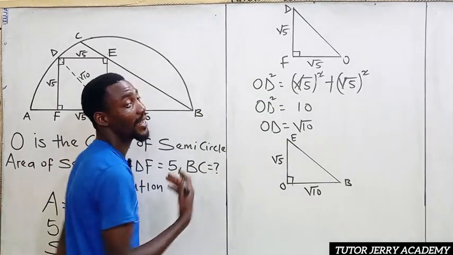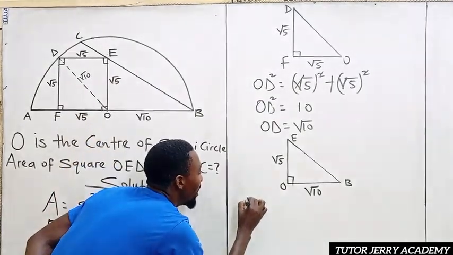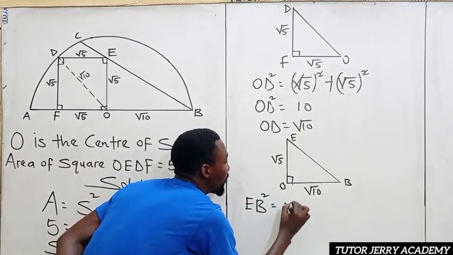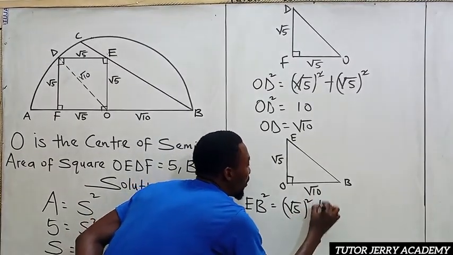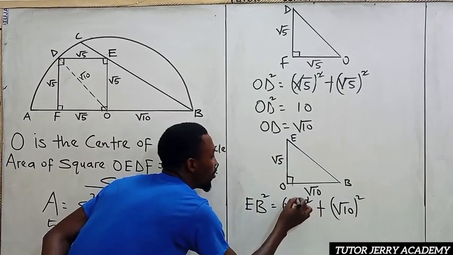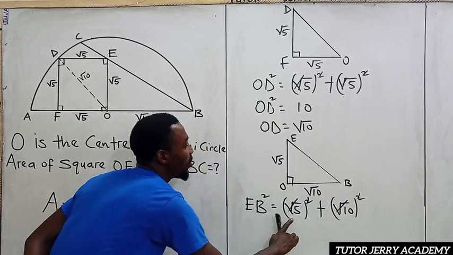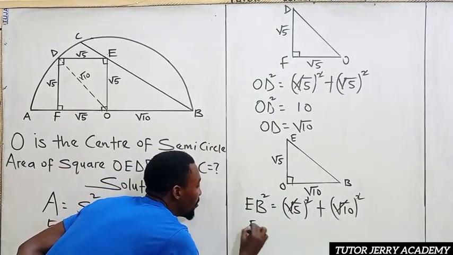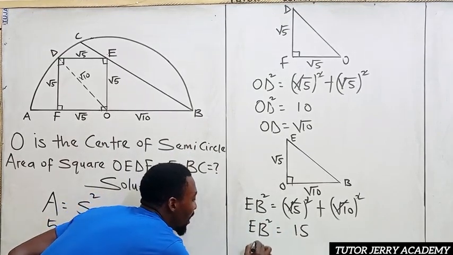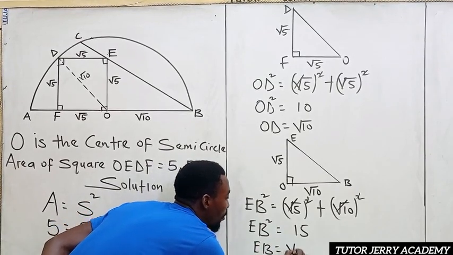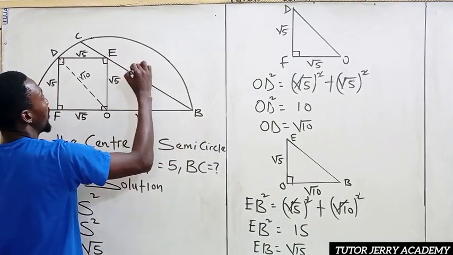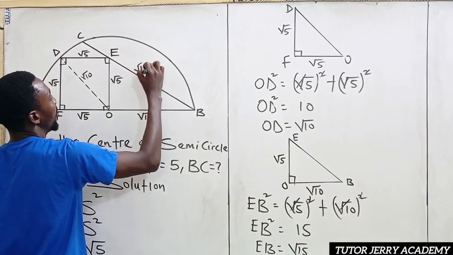Using the Pythagorean theorem again, EB squared is equal to root 5 squared plus root 10 squared. We are left with 5 plus 10, which is 15. So EB squared is 15, and if I take the square root of both sides, EB is equal to root 15.